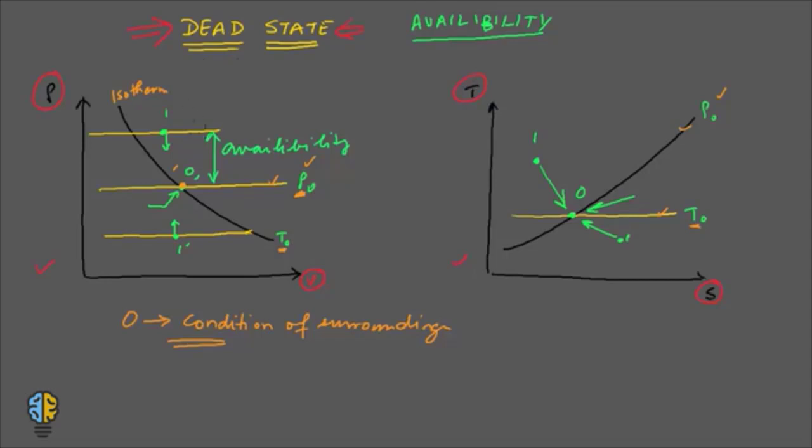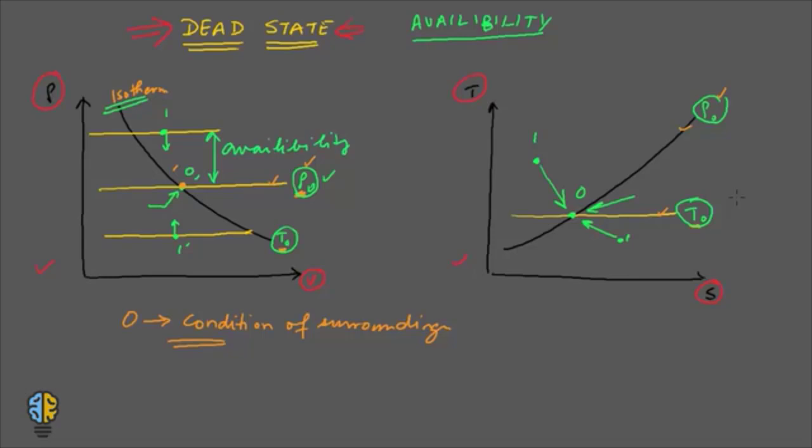In the PV plot you have an isotherm at temperature T0, the temperature of the surroundings, and an isobar at pressure P0, the pressure of the surroundings. In the TS plot you have an isobar at pressure P0, again the pressure of the surroundings, and an isotherm T0 representing the temperature of the surroundings.